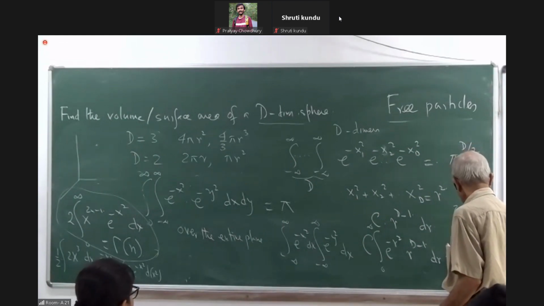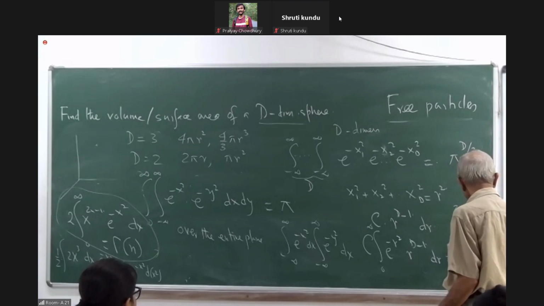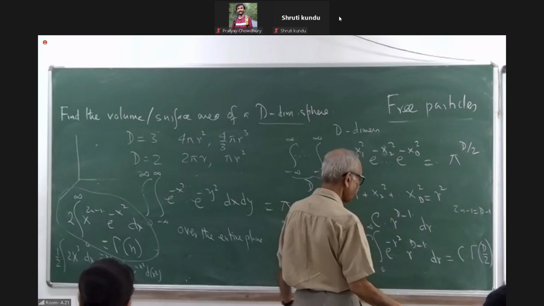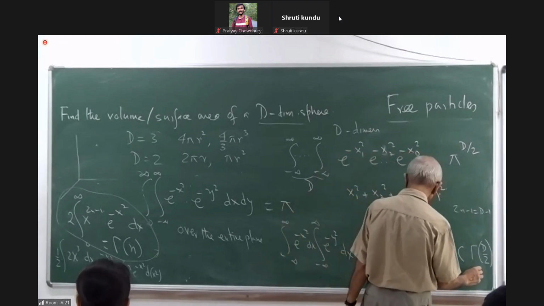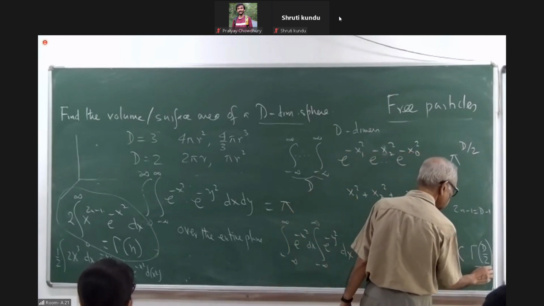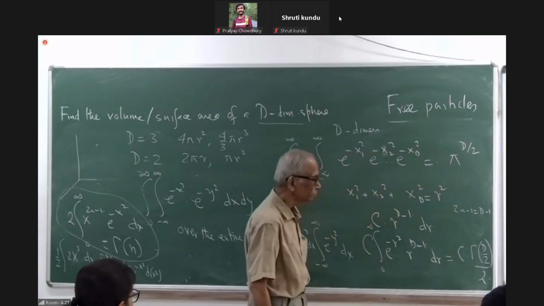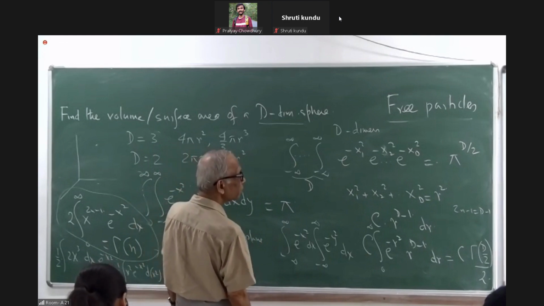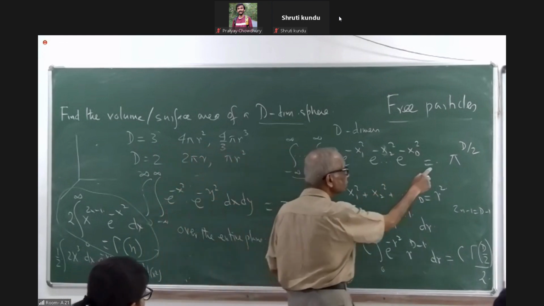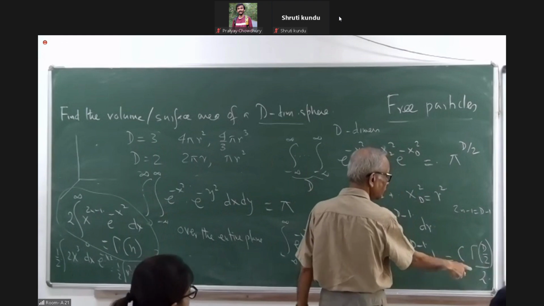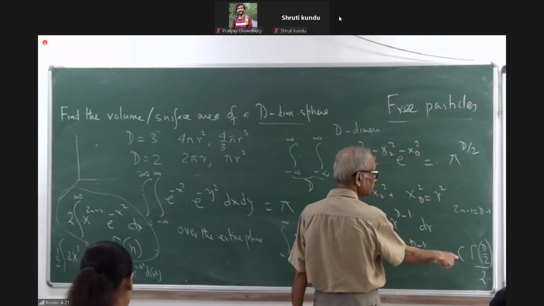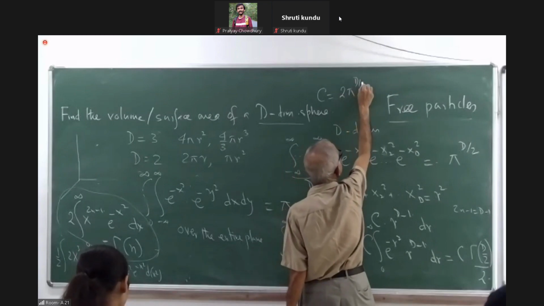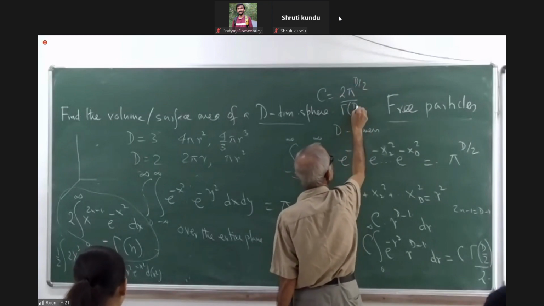So this is equal to c times gamma of d by 2, divided by 2, maybe. So this is equal to pi to the power d over 2. So compare with d over 2, and therefore c is equal to 2 times pi to the power d by 2 divided by gamma of d by 2.